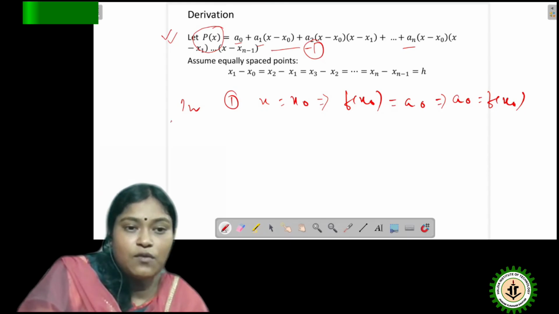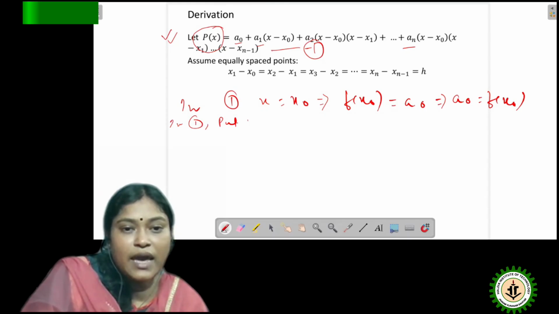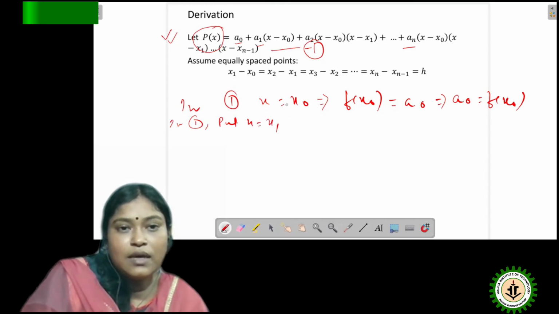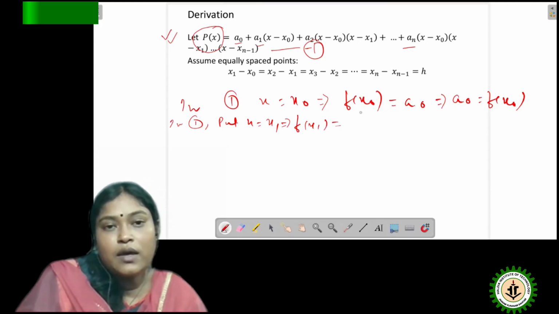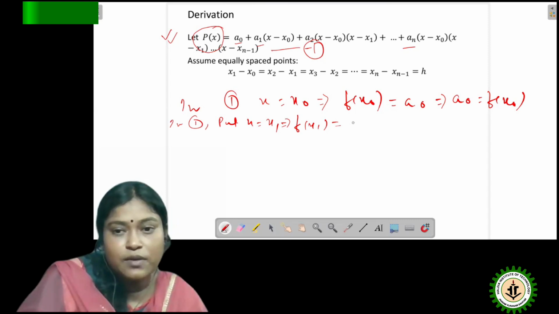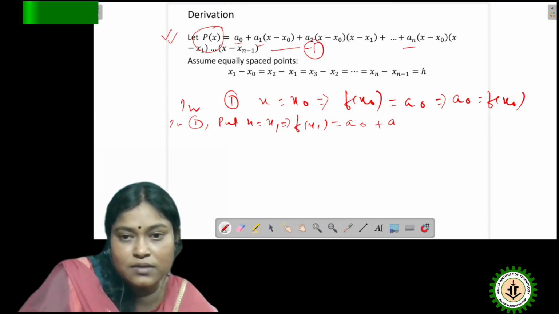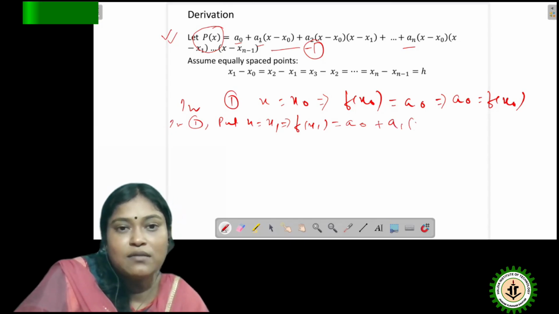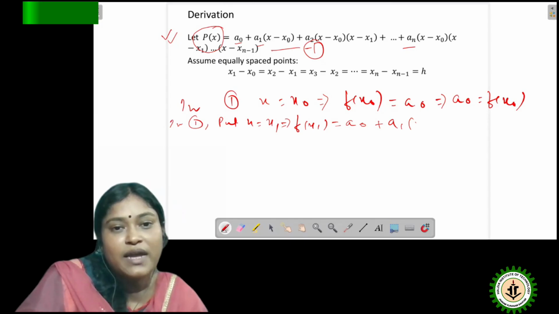Now in 1, if I put x equals x1, then the left hand side will become p of x1, which is nothing but f of x1. The right hand side will be a naught plus a1 into x1 minus x naught, and x1 minus x naught is nothing but h.